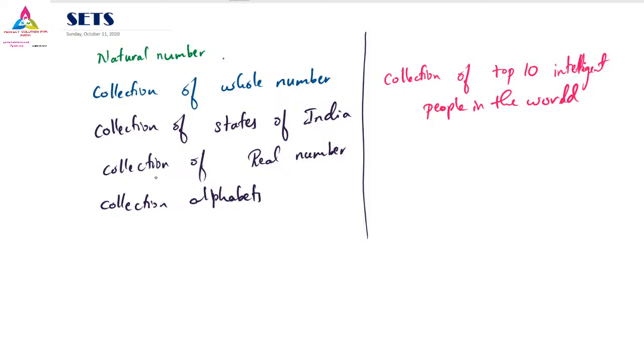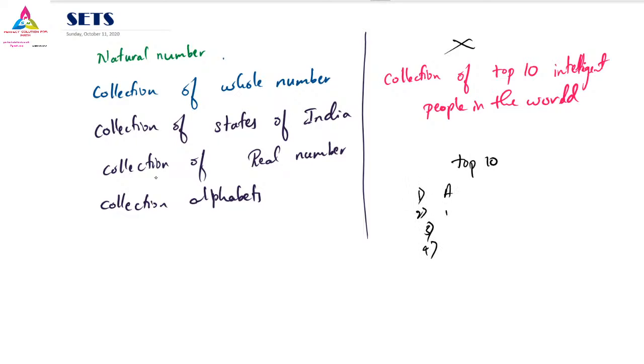It is not possible. The collection of the top 10 intelligent people in the world, we can't take as a set. It is not a set. Why is it not a set? Because tomorrow I can say, for example, me, that there are top 10 people in the world who are intelligent, and these are the 10 people.